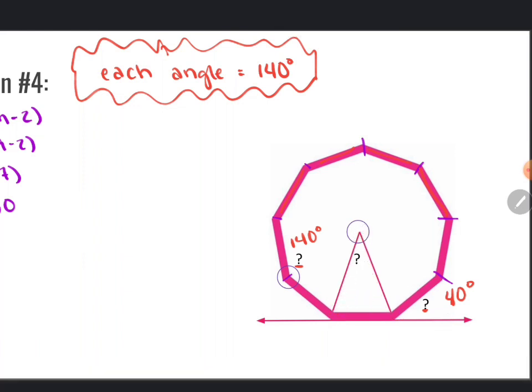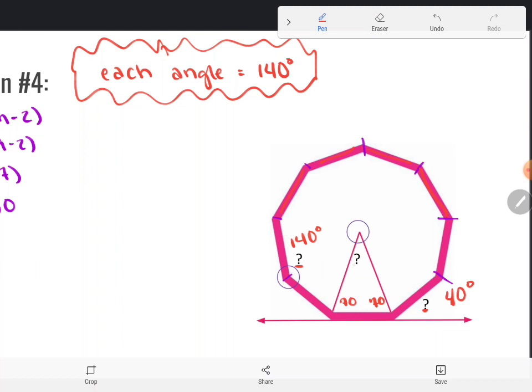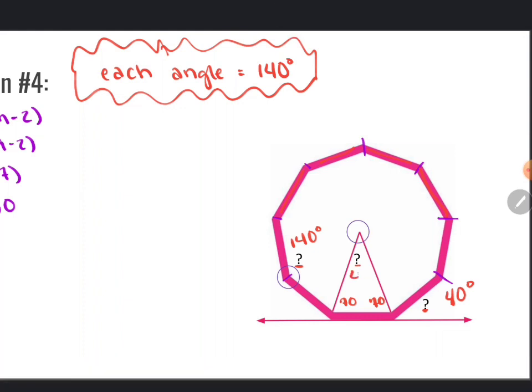So we're going to go ahead and put 70, 70, and now we need to find that unknown. Well, with any triangle, it's going to be 180 degrees altogether, so we're going to add our knowns. 70 plus 70, we get 140, so we're just going to do 180 minus 140, making this angle right here 40 degrees.